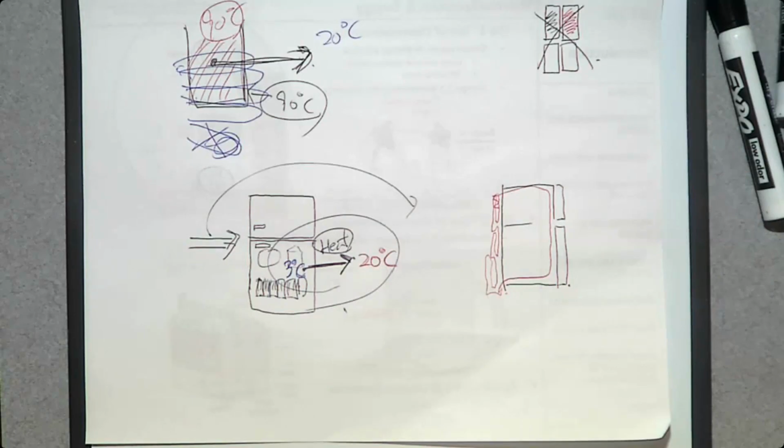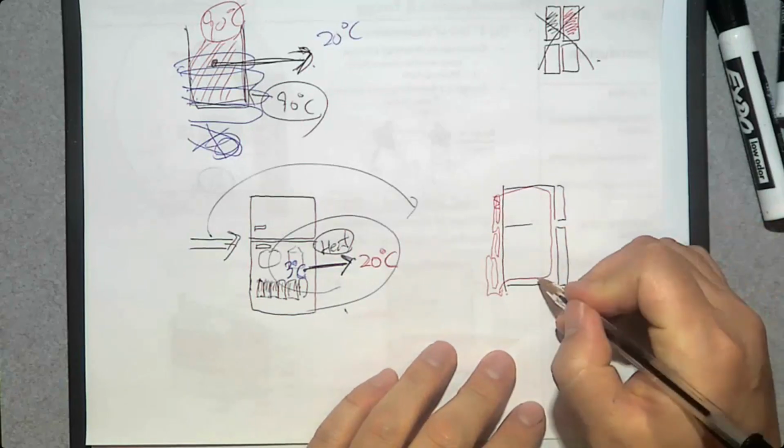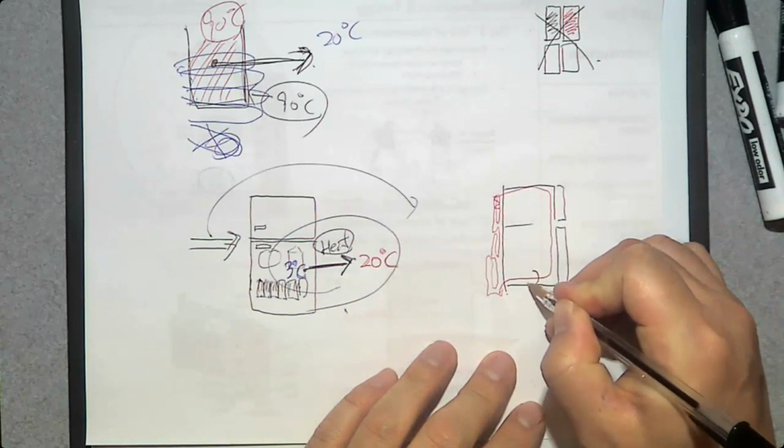But when you look at the refrigerator in your house, sometimes you hear a sound, like a whine or something, right? Sometimes you don't. The sound is coming from a device called a compressor. There's a compressor usually at the bottom of the refrigerator.